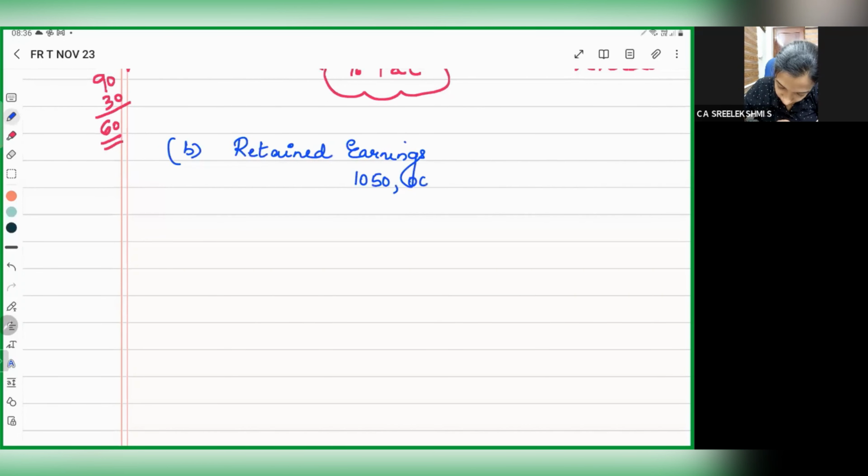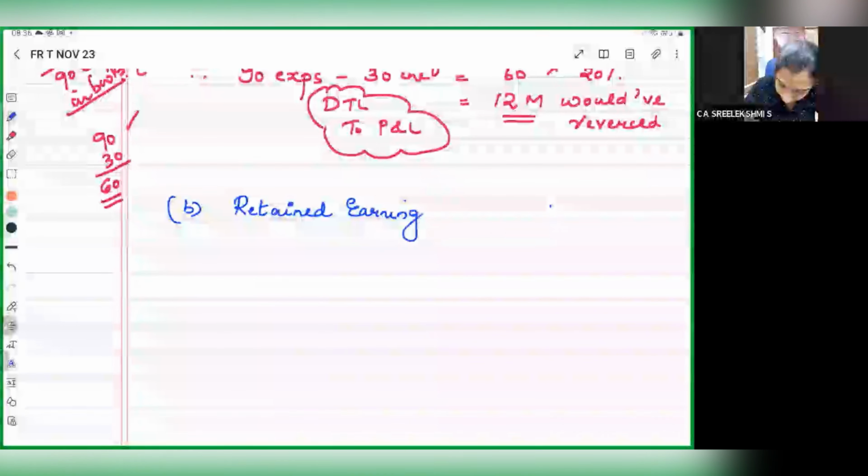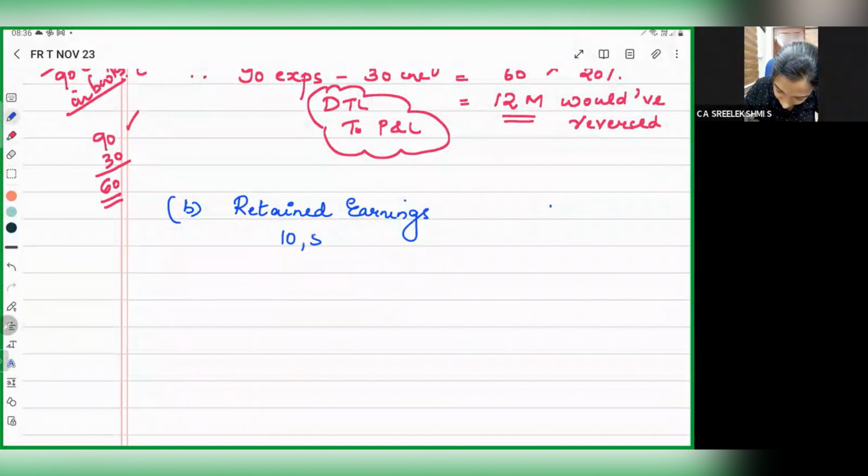Figures are in thousands, that is 10,50,000 retained earnings. Take time and write it. Millions means 10 lakhs. So 10 lakhs I closed off. So 1,050 million. See, I'm just telling to avoid confusion. Instead of directly writing 1,050 million, I just wrote it.